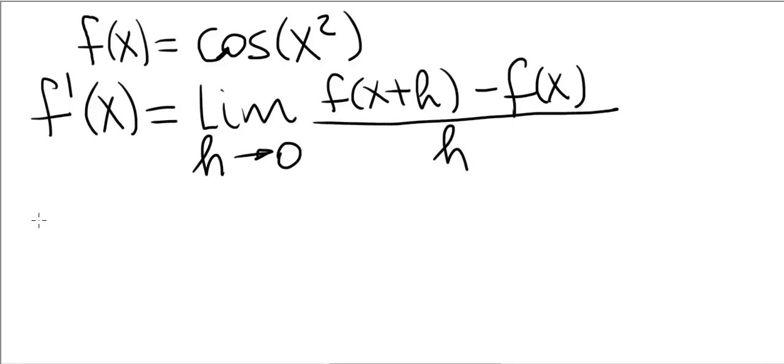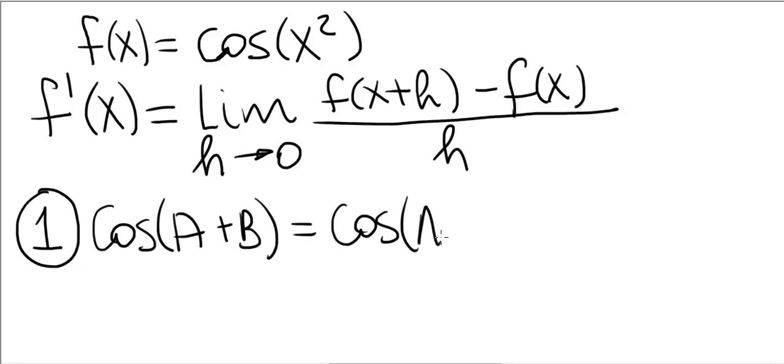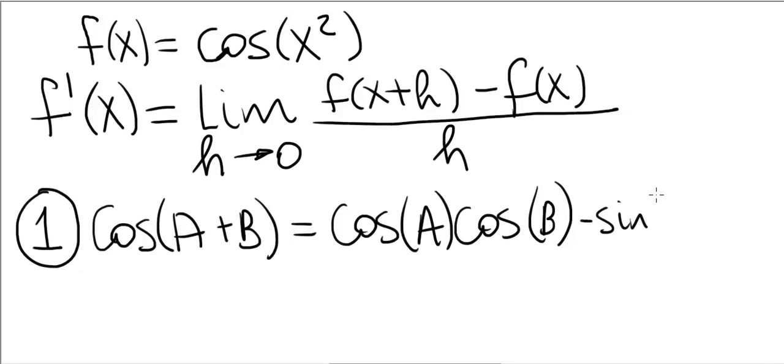We'll require three results that will make the computation easier. The first is the trig identity cosine of a plus b equals cosine of a times cosine of b minus sine of a times sine of b.